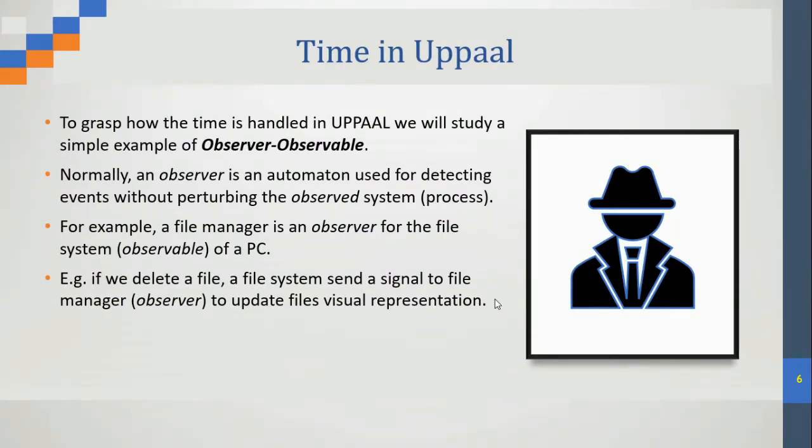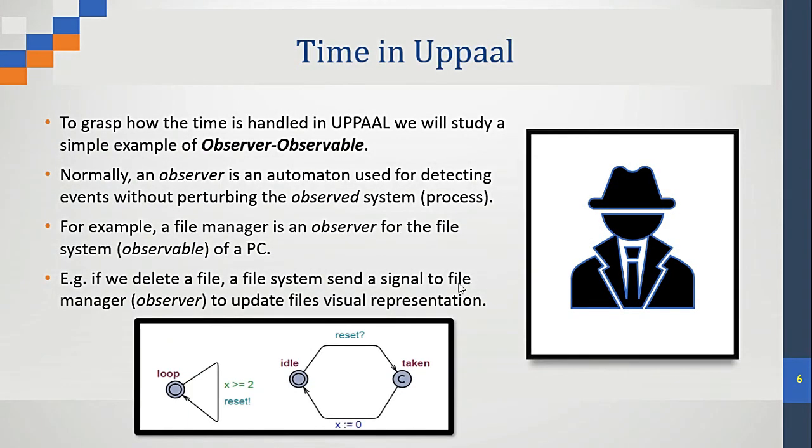We have a loop, and on the other side we have the observer. Once the user presses reset, the observer will detect this reset. These two components, or two automata, are shown in this figure.